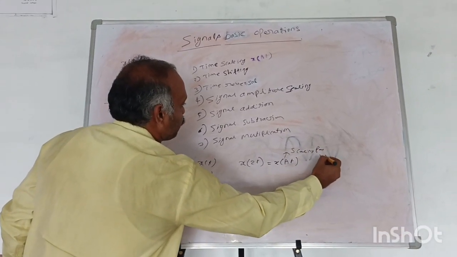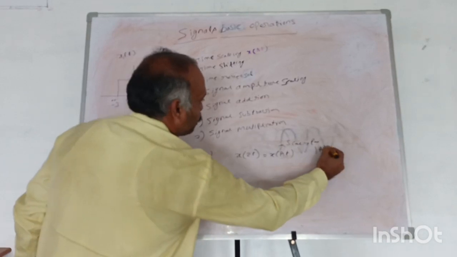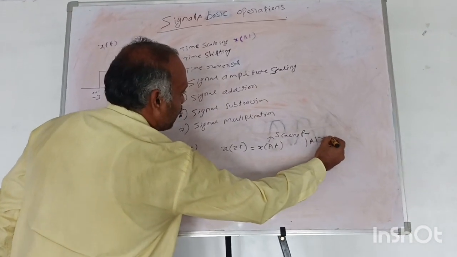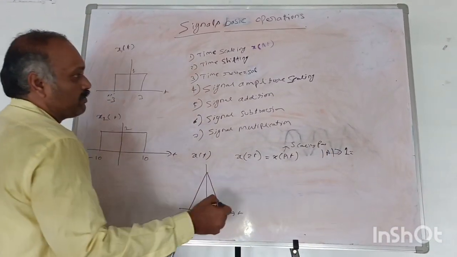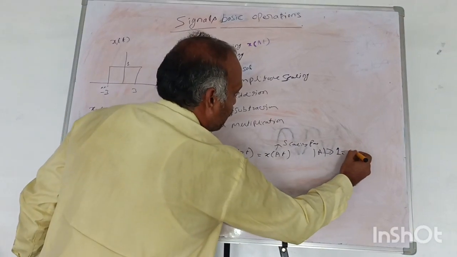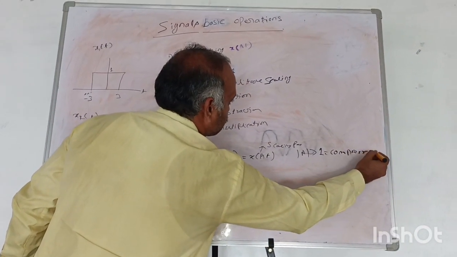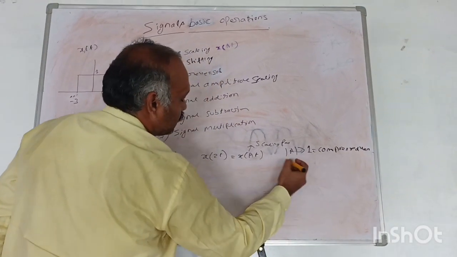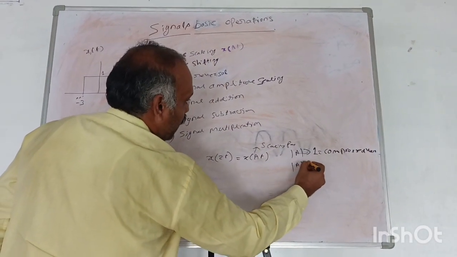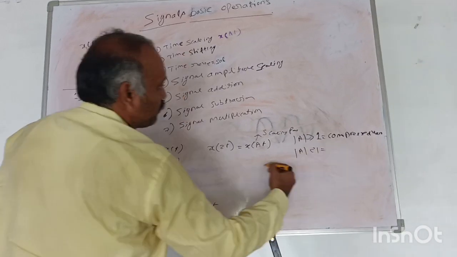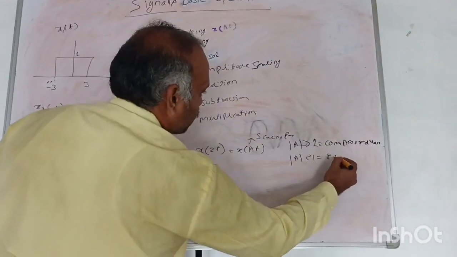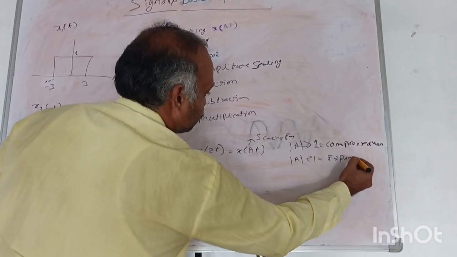If mod of a is greater than 1, then we get a compressed version of the signal. And if mod of a is less than 1, then it is an expanded version of the signal.